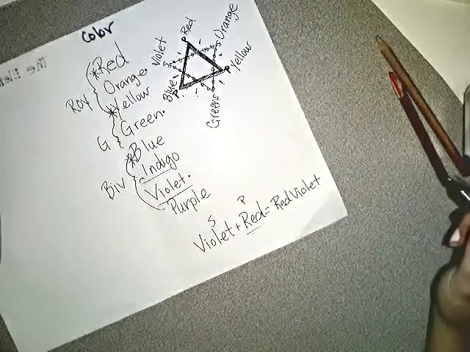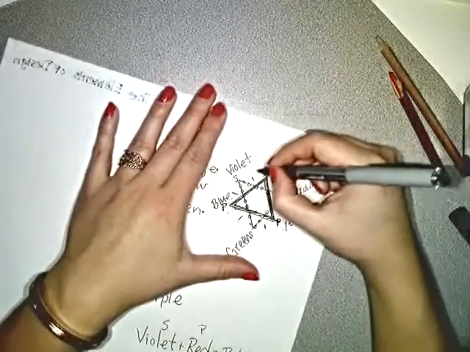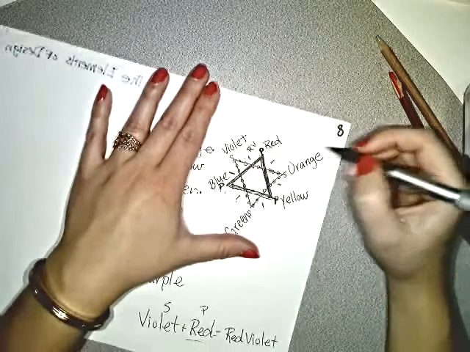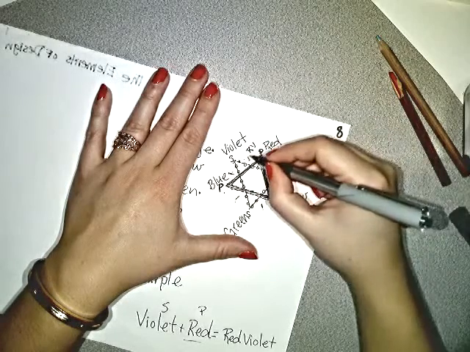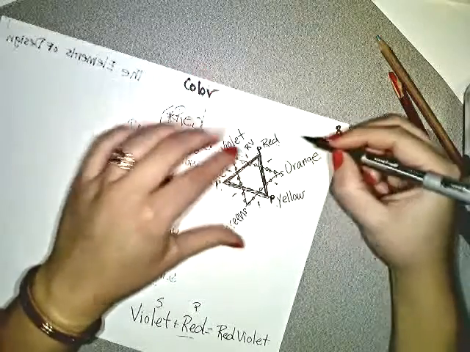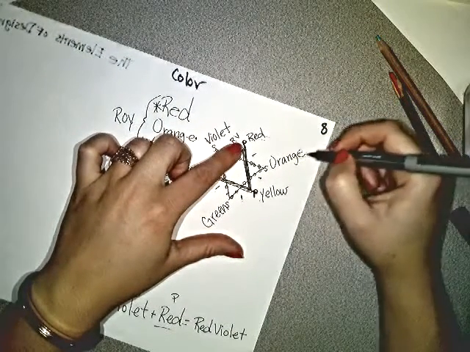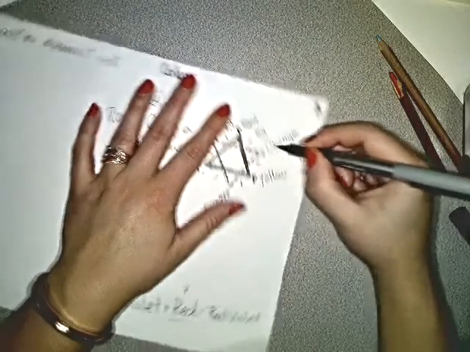Probably rolls off the tongue a lot easier because I've said it so much. So this one right here, I'm putting RV, or you could put RP. So between violet and red, you have red, violet. Between red and orange, you have red, orange, or RO.